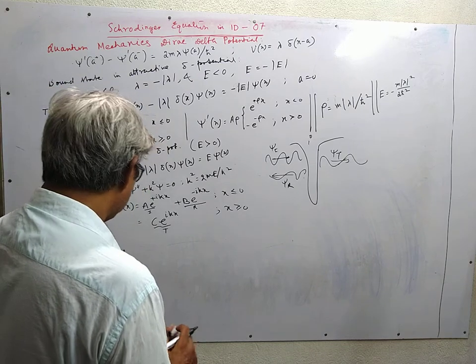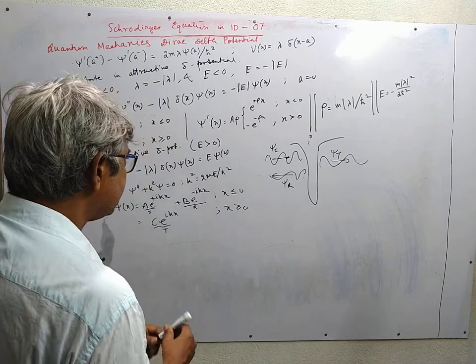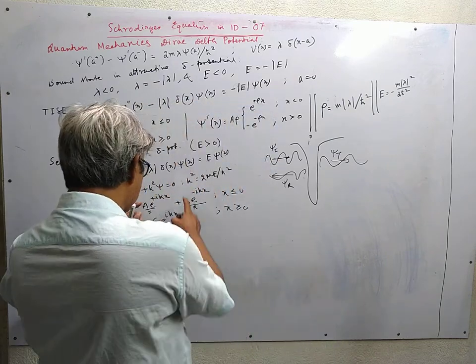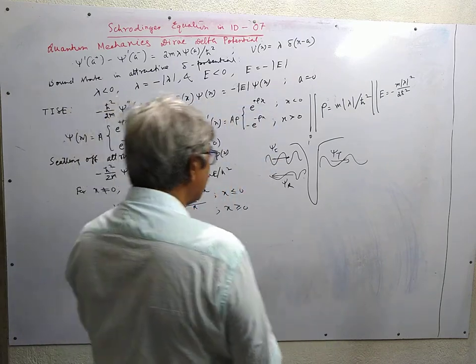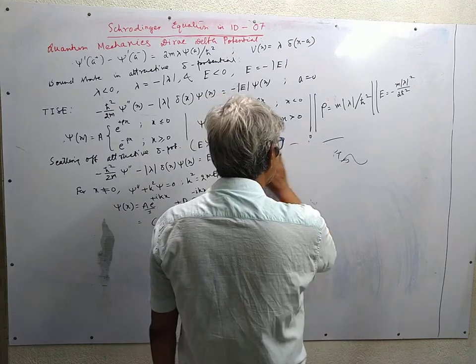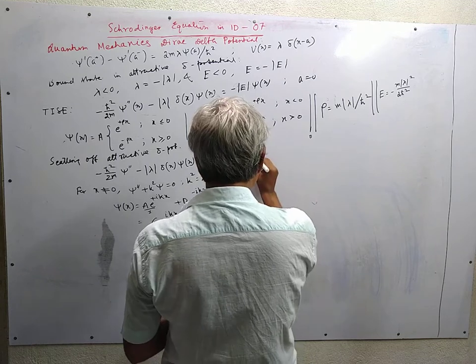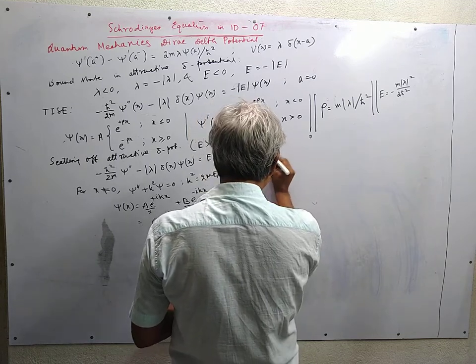So the boundary condition on it is, if we apply the boundary condition, we see that a plus b is equal to c. Before going to that, let me first calculate psi prime.